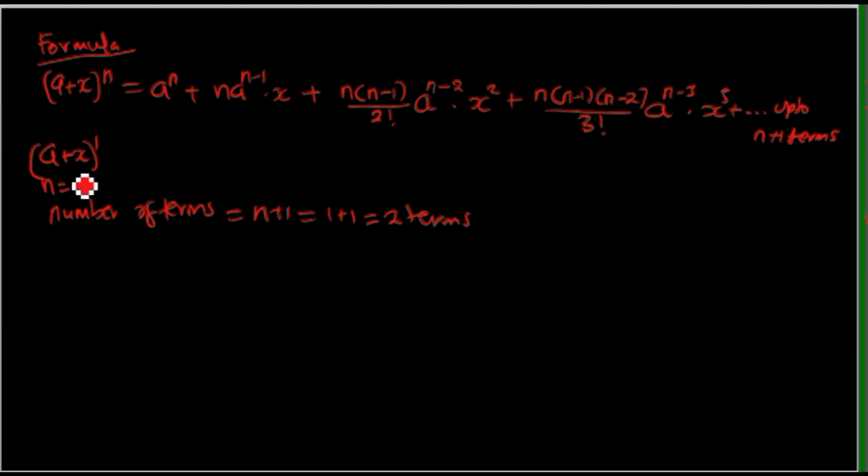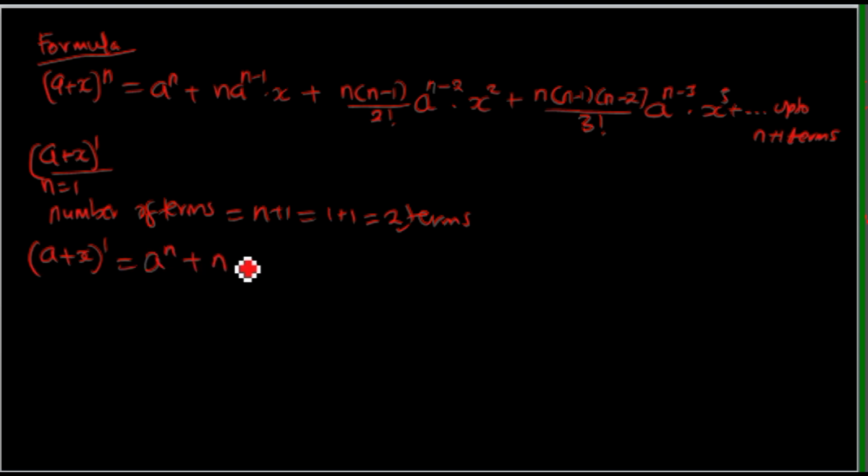So from our formula you shall have (a + x) power 1 equals a power n plus n times a power n minus 1 times x.